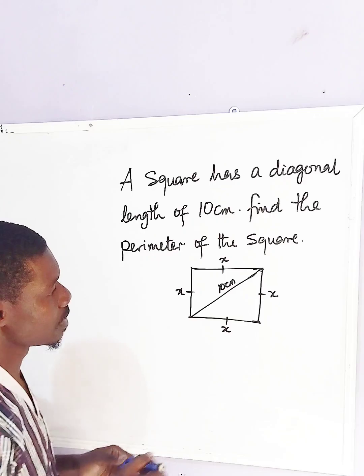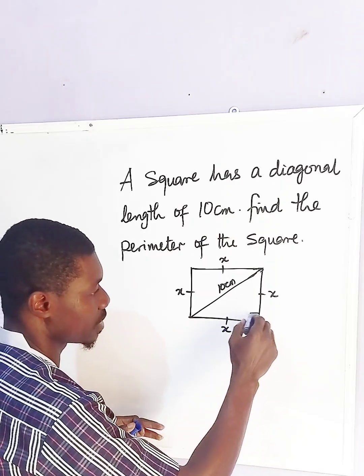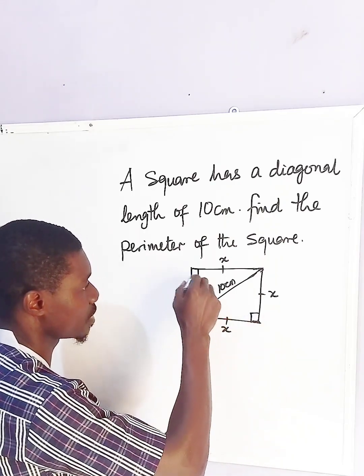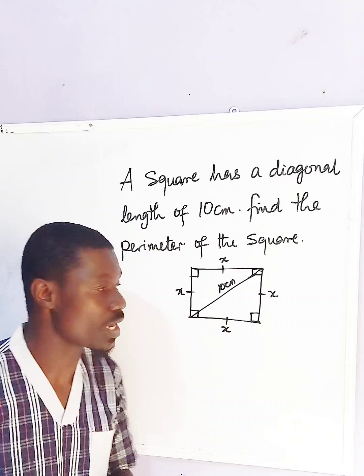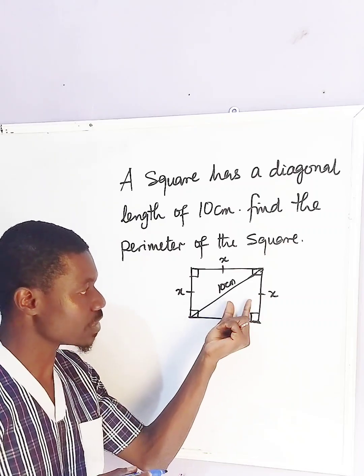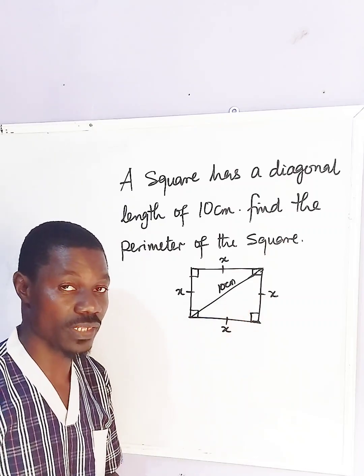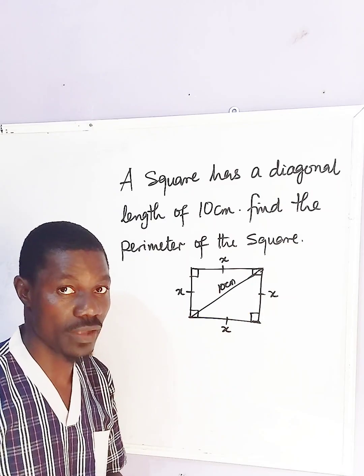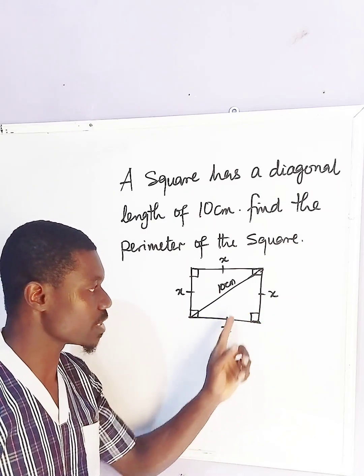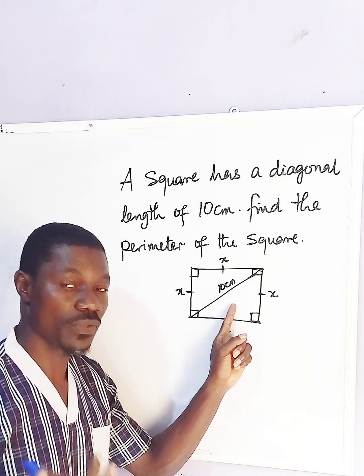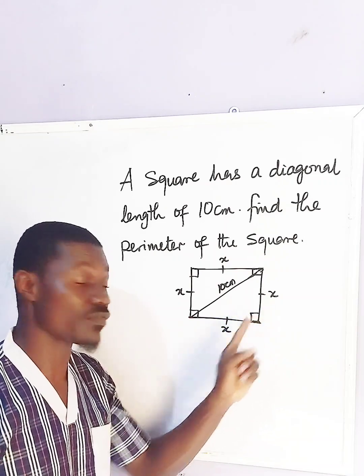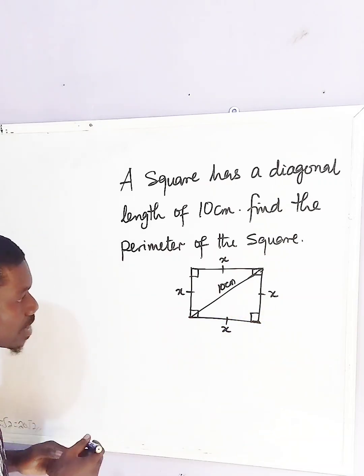Okay, so since this is a square, it implies that these edges here form right angle triangles. Now if you bring out this triangle, you can see it's a right angle triangle. So for us to find the value of x, let us just pick up this right angle triangle, which by using the Pythagoras theorem, we can find the value of x.